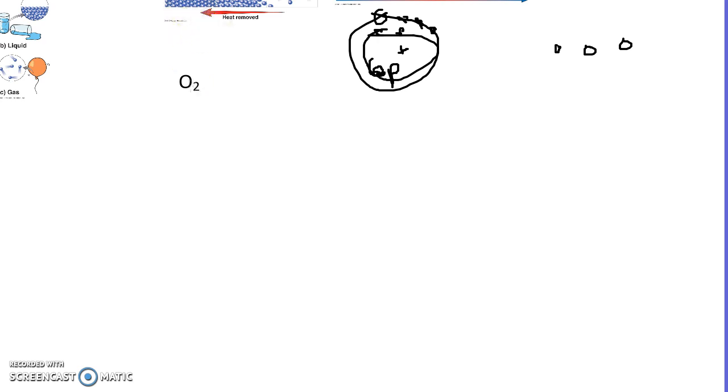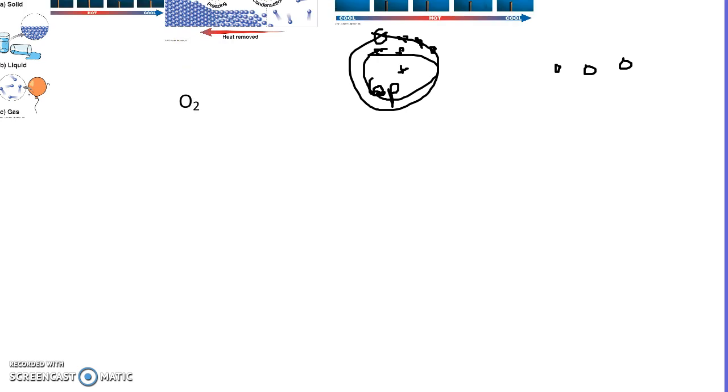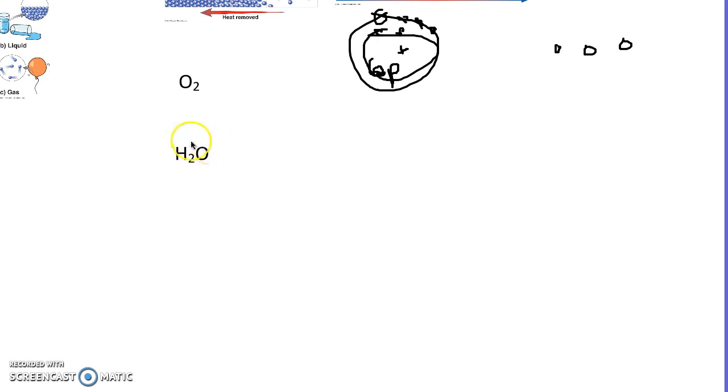Now, on the other hand, were we to take water, which is H2O, this would once again be a molecule because there's more than one atom. You actually have two hydrogens and one oxygen. So it is a molecule, but it would also be considered a compound.